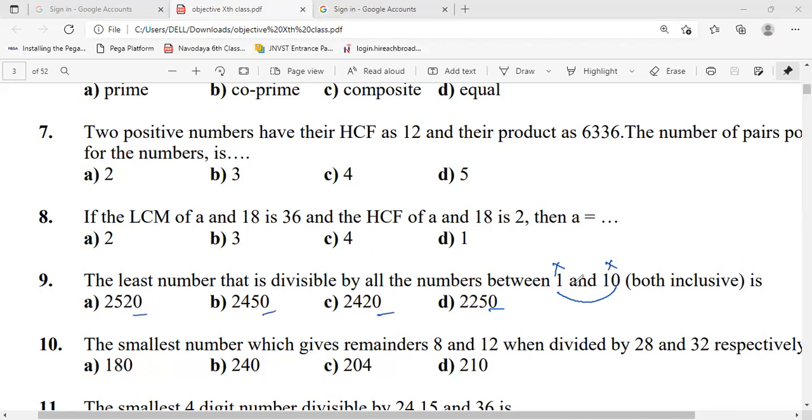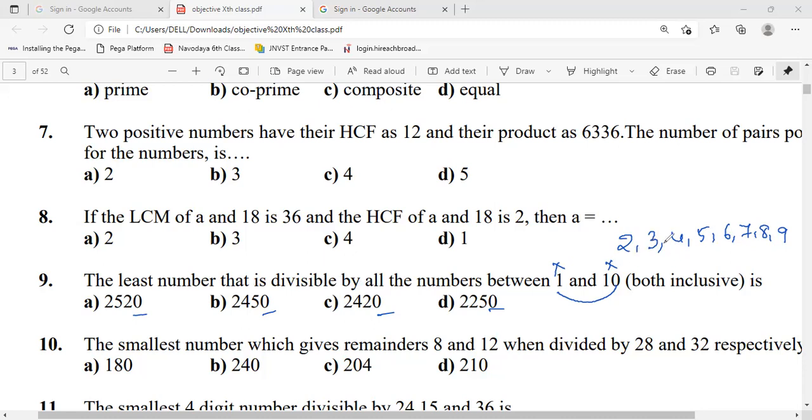But they're asking the numbers which are between 1 and 10, so that means 2, 3, 4, 5, 6, 7, 8 and 9. That number should be divisible by all these numbers.